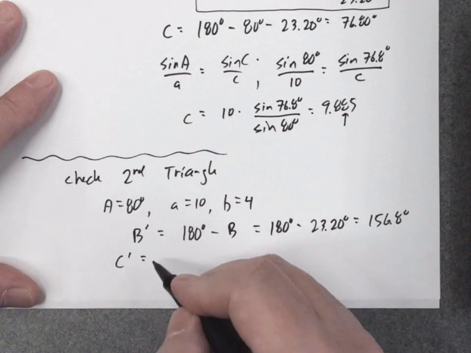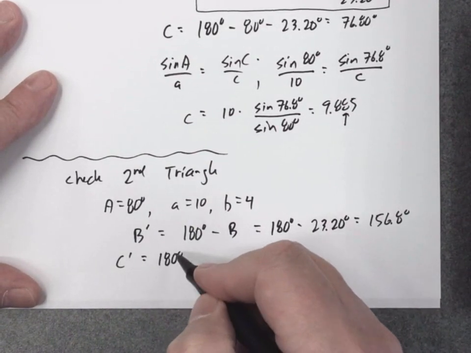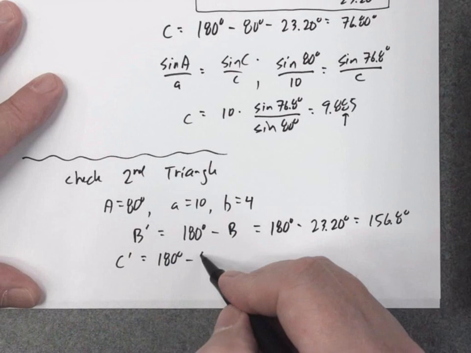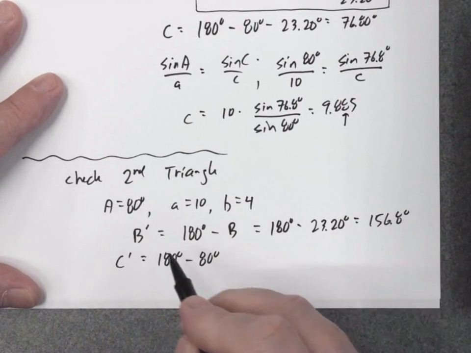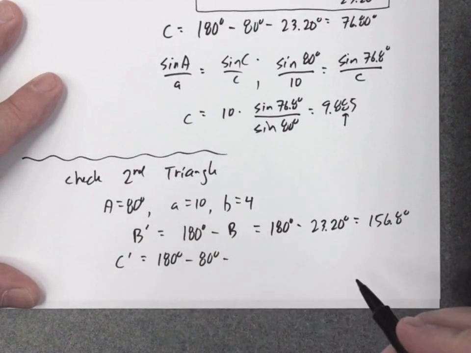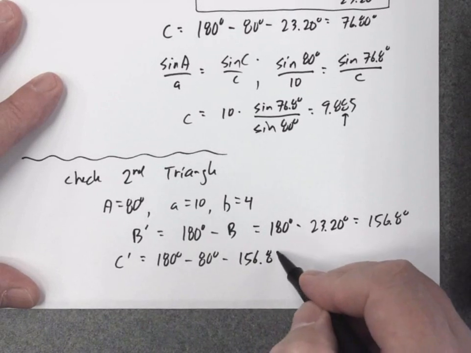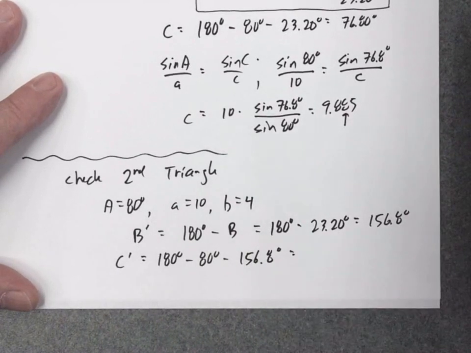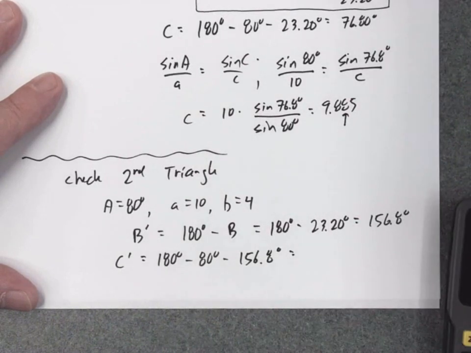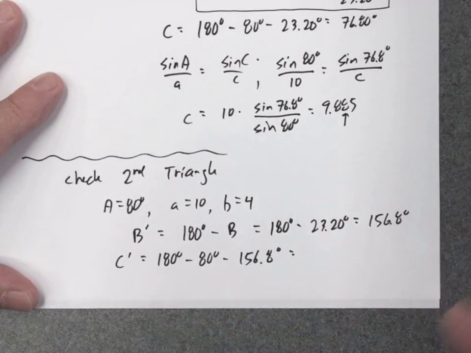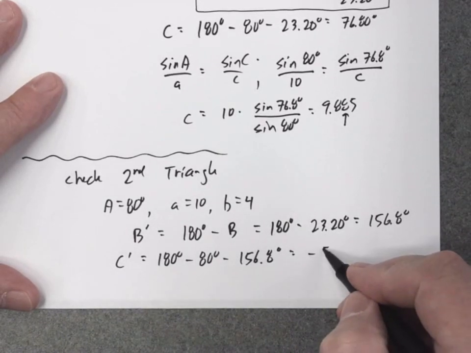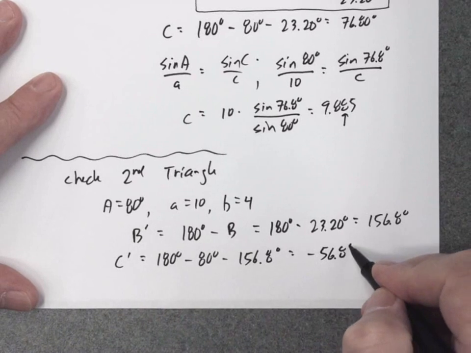So of course it would be 180 degrees minus angle A minus angle B. So if I do this calculation, and lo and behold, I get negative 56.8 degrees.